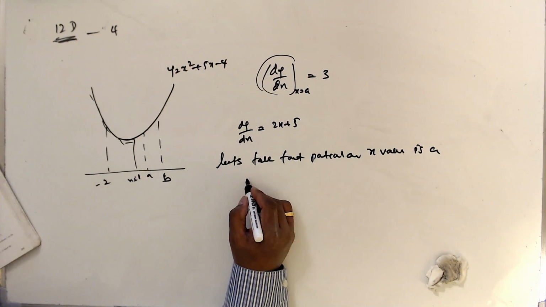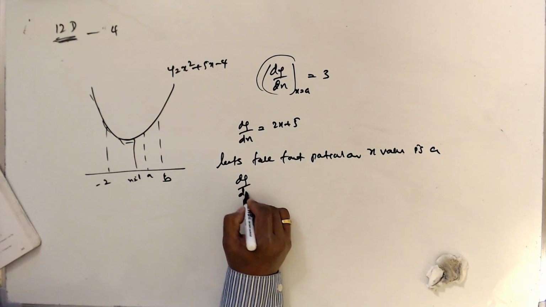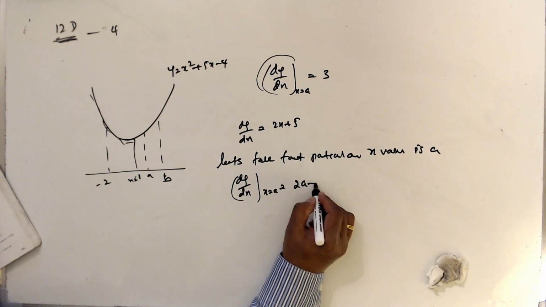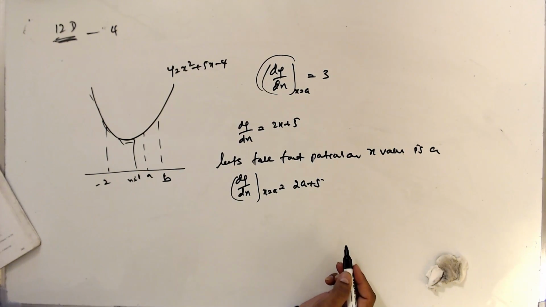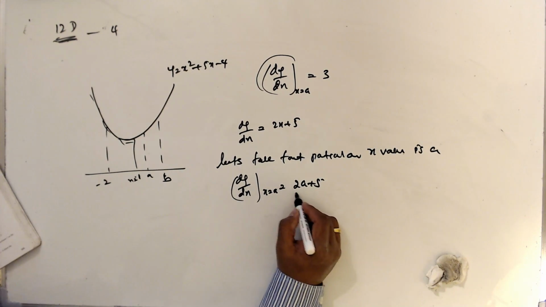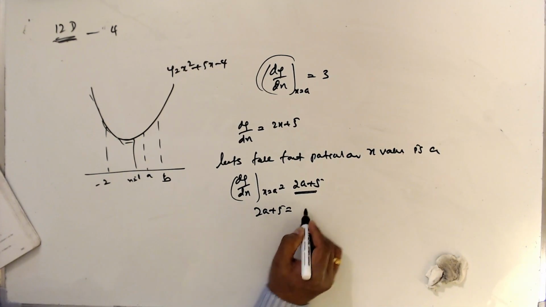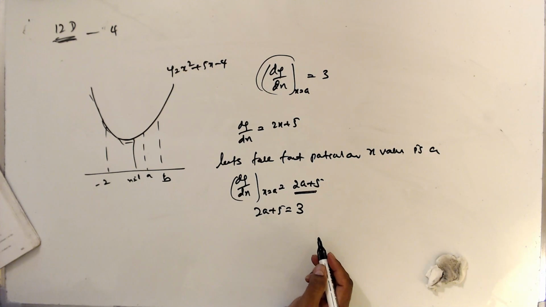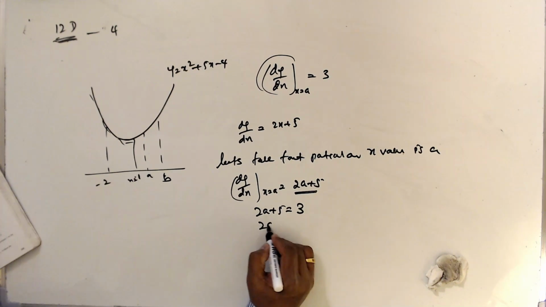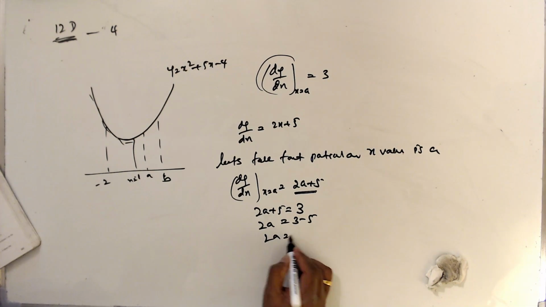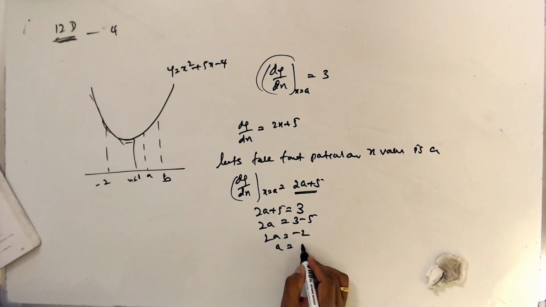Then dy over dx at x equals a is 2a plus 5. Right? Now this value is equal to what? 2a plus 5 is equal to 3. So then 2a equals 3 minus 5. So 2a equals minus 2, a equals minus 1.